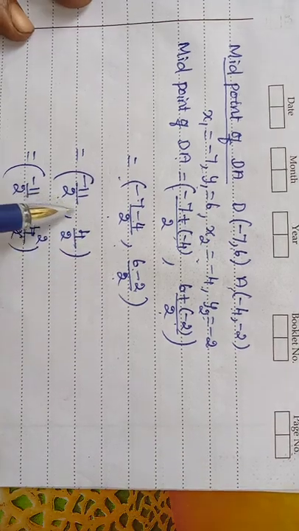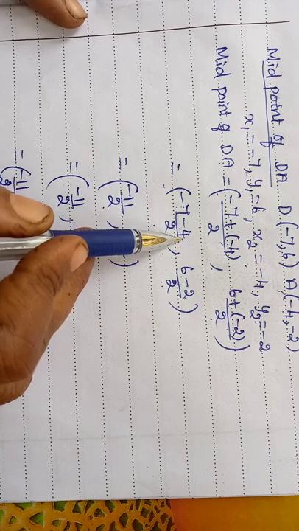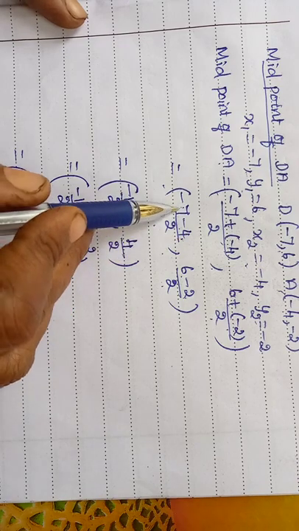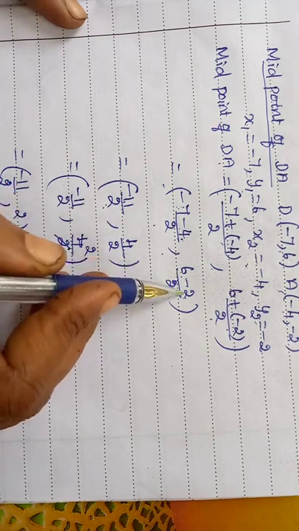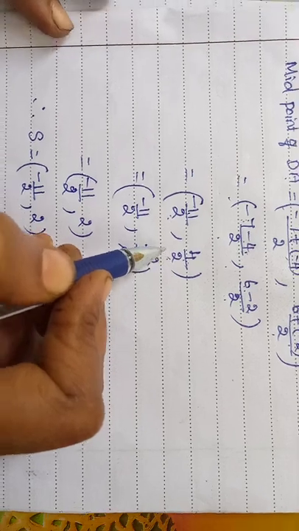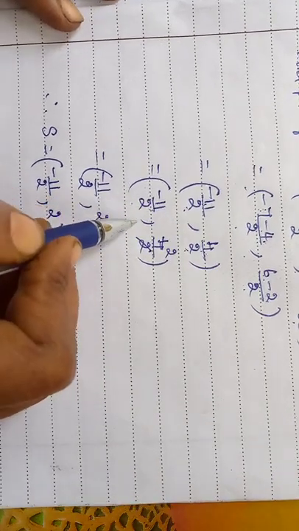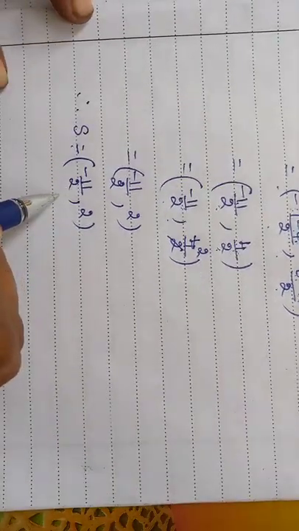That is minus 11 by 2 comma 4 by 2, which is minus 11 by 2 comma 2. So S is equal to minus 11 by 2 comma 2.